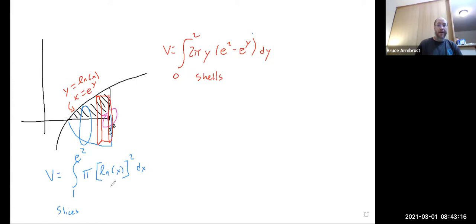But that's going to get really gnarly because a u sub isn't going to be very useful. If you let u equal natural log of x, actually that wouldn't be terrible, because then the du would give you a 1 over x. You could replace that with x equals e to the u and then do integration by parts. So this one would be a u sub followed by integration by parts. So it doesn't really matter which one you do, but I would probably pick shells.